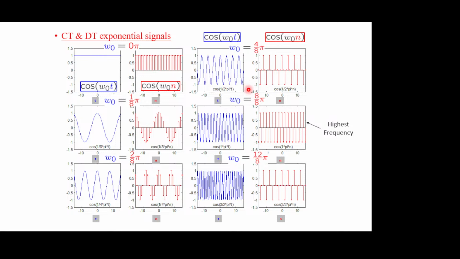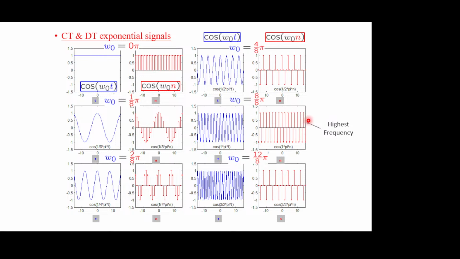But now we go to the discrete signal, and we still increase the omega. So you see that the beginning is what you expect: your discrete signal is oscillating faster and faster when you increase the omega.